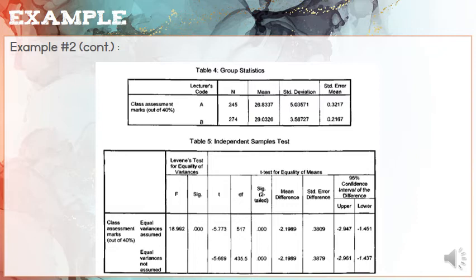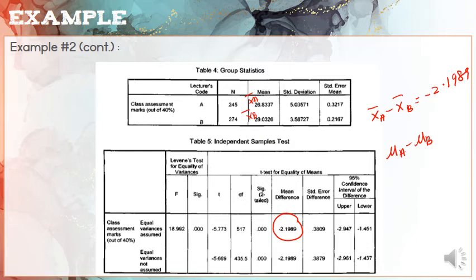It gives you the class assessment marks by two lecturers, lecturer A and B. Given here are the mean for lecturer A and the mean for lecturer B. And if you look at table number 5, it gives the mean difference equal to negative 2.1989. So where did this value come from? Based on this output, we know it does X bar A minus X bar B equal to negative 2.1989. So when you do the hypothesis later, you do mu A minus mu B. Can it be mu B minus mu A, if the output gives B minus A? Yes. So how do we know? Just look at the mean difference. From there we can know whether it is A minus B or B minus A.